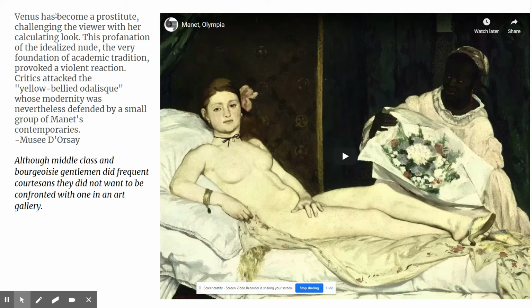Especially the men living in Paris, these nice middle and upper middle class men who take their wives to the art show, as was the fashion, right? You go see art, right? And instead of seeing a beautiful idealized nude that no one would ever actually see in real life, they are confronted with a prostitute that some of these men would have seen. And maybe the wives know it, maybe they don't, maybe they just accept it, but it was uncomfortable and it was deliberately uncomfortable.